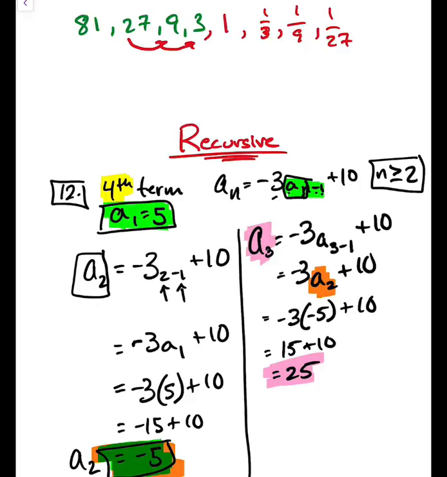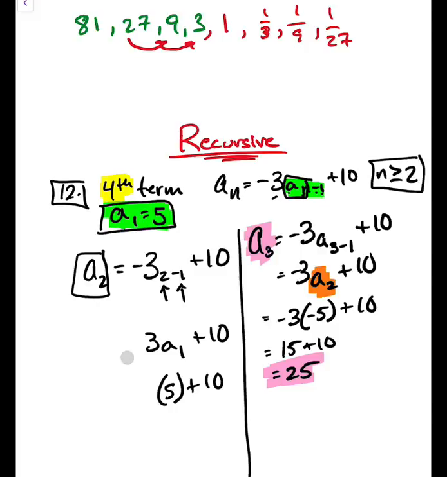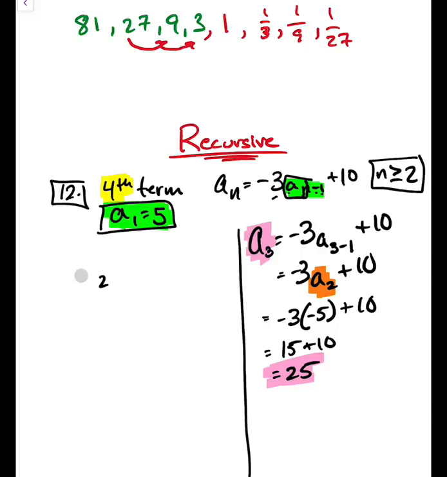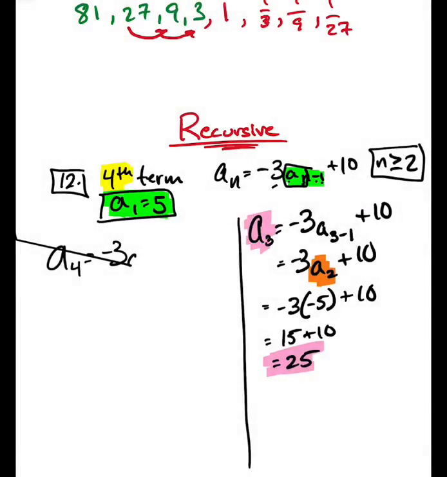So I'm going to erase this part here. I don't need this anymore. Okay, so I know the value of a sub 3, and again I'm looking for the fourth term, so this is my last one. So a sub 4 equals negative 3 times a sub n minus 1 plus 10. So that's negative 3 a sub 4 minus 1 plus 10.